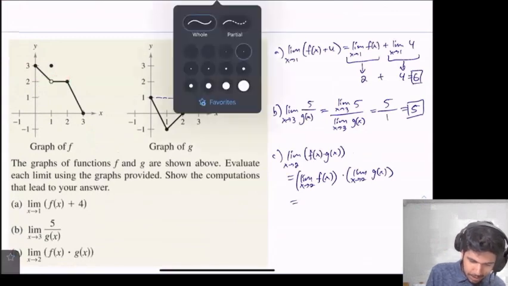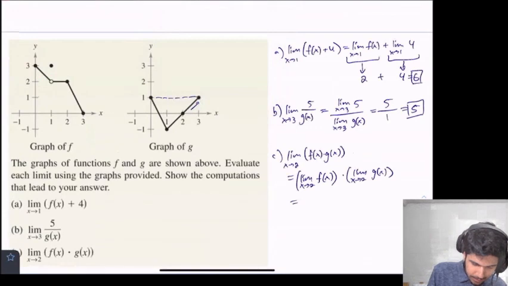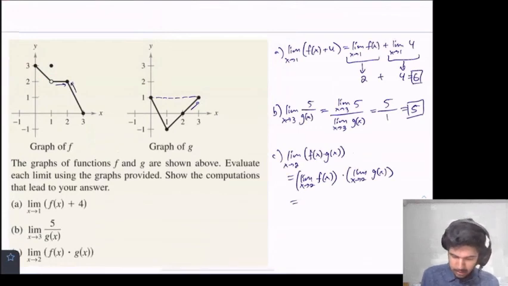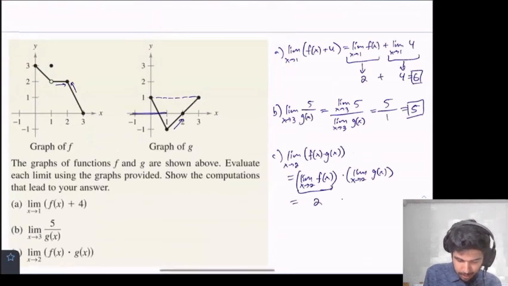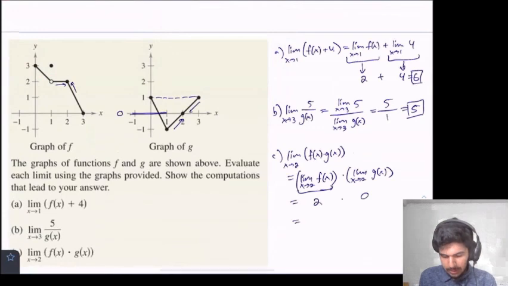As we approach 2 from the left, we see that it's getting close to f of x equals 2, and from the right, same thing. So this evaluates to 2, and for g of x, if we approach from the left, we get closer to 0, and from the right, same thing, 0. So this is equal to 0.